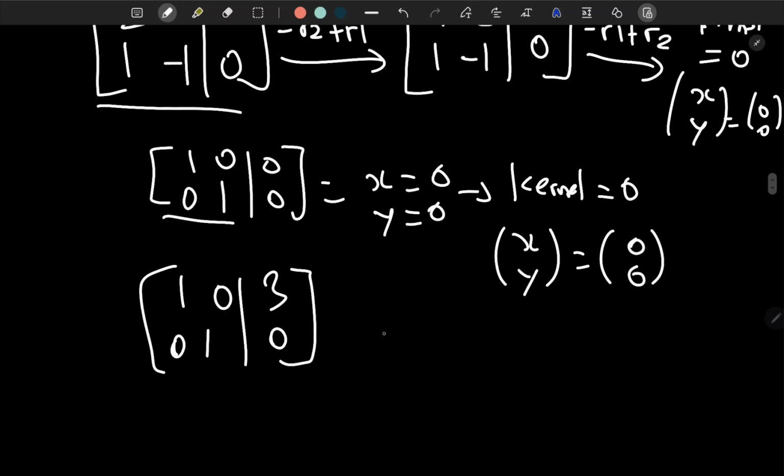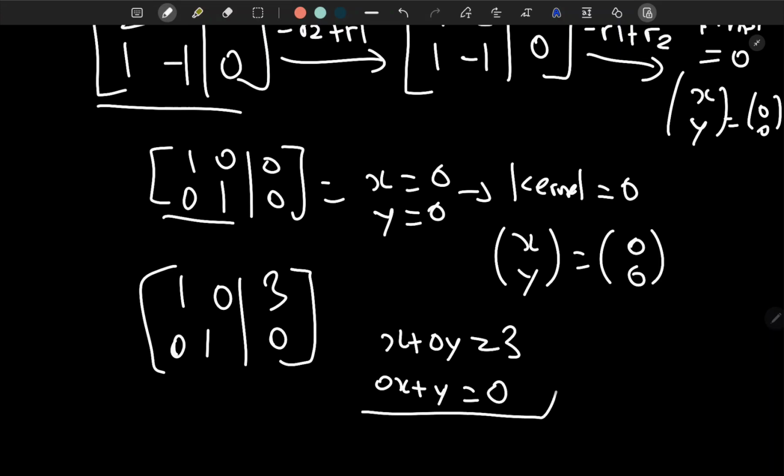So if you look at this, this is x plus 0y is equal to 3, or 0x plus y is equal to 0, which looks pretty consistent, as you can have an x value here and get 3, so x is equal to 3, or here we can say that y is equal to 0.